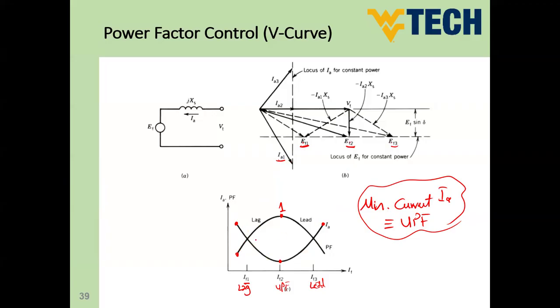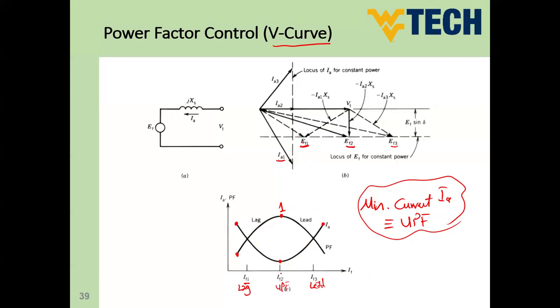This curve, we call it V curve. V curve. So V is representing the armature current versus field current. So it's not volt, but we call it V curve because the shape of the curve is like letter V. So this is going to be now, guys, the power factor control of the synchronous motor.